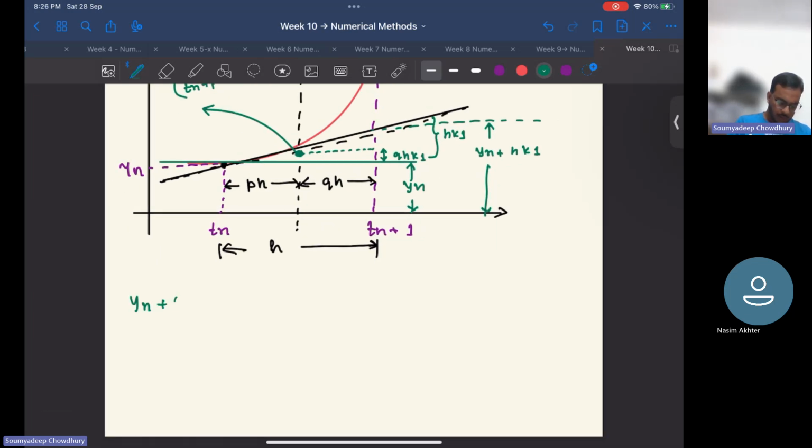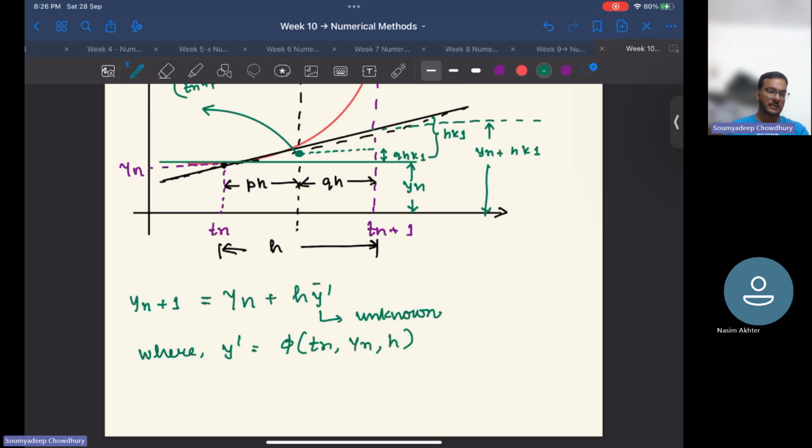So what was my equation according to Euler's method? It is Yn plus 1 equals Yn plus h into y dash. I am writing y dash bar because it is the weighted average, right? This is unknown to me. Now this y dash is a function of Tn, Yn, and also the step size.